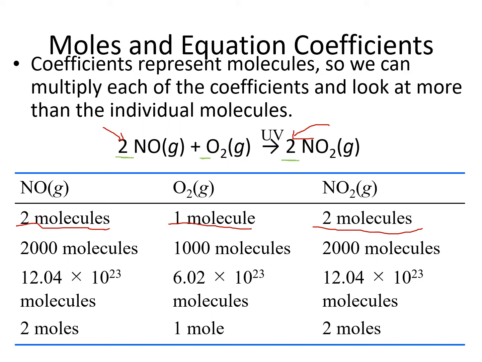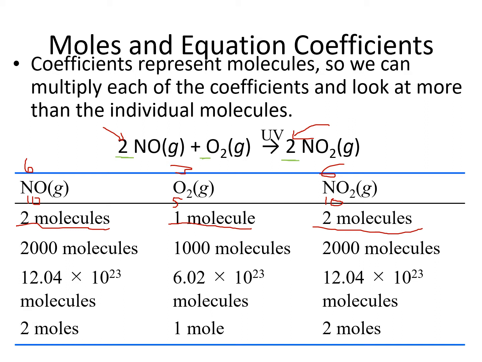It could be 10 molecules of nitrogen monoxide react with 5 molecules of oxygen gas to give us 10 molecules of nitrogen dioxide, or it could be 6, 3, and 6, or any ratio that simplifies down to 2, 1, and 2.